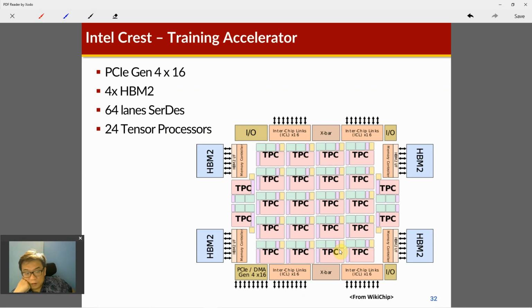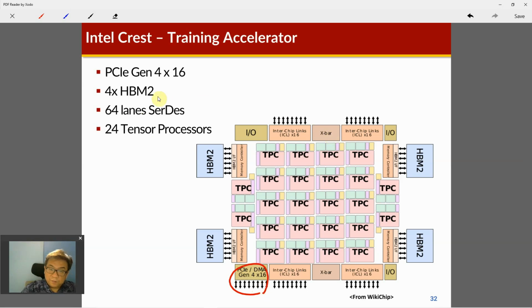This slide shows the architecture of the IntelliCrest. It's a training accelerator. IntelliCrest is connected to the host system via PCI generation 4. So this is the PCI interface, and via this PCI bus, this Crest is connected to the host system.